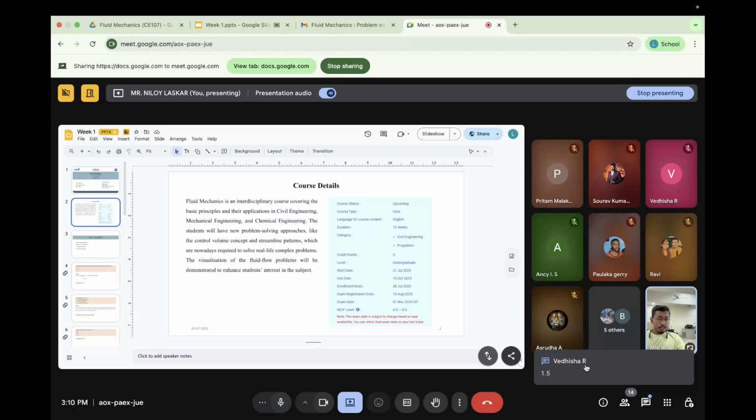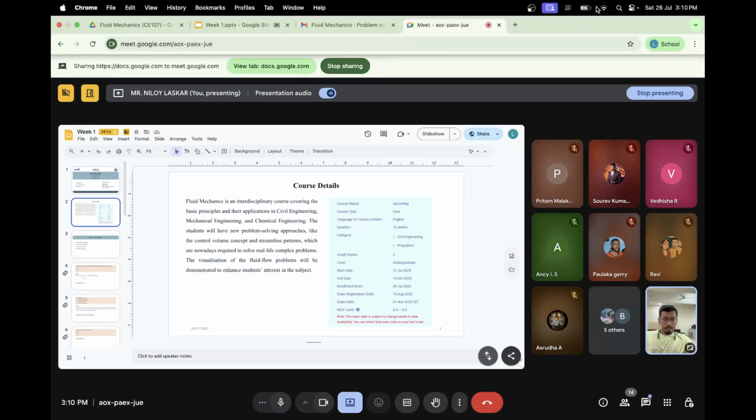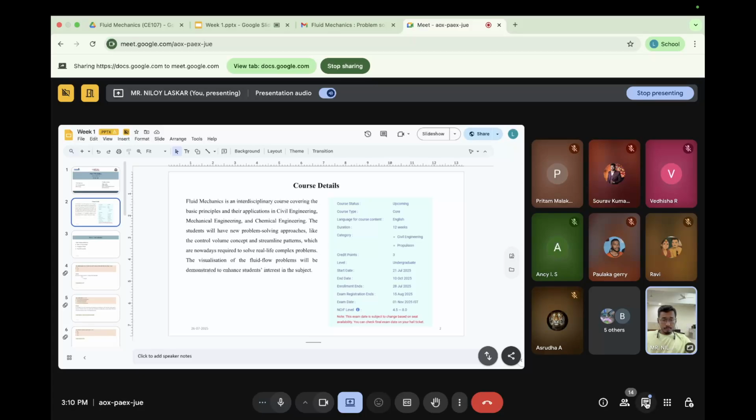Okay, Disha has answered it as 1.5. Students, please try. Whatever you have understood, just try. And Pritam has answered it as 2.5.